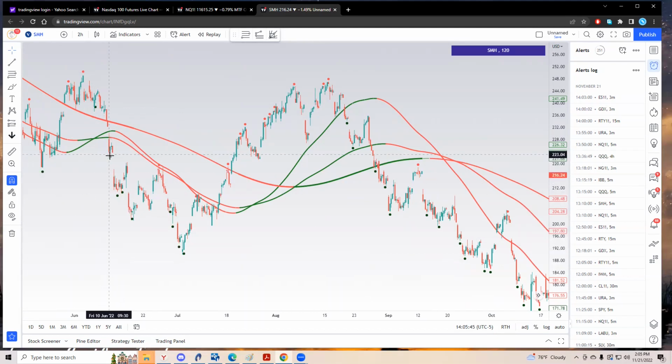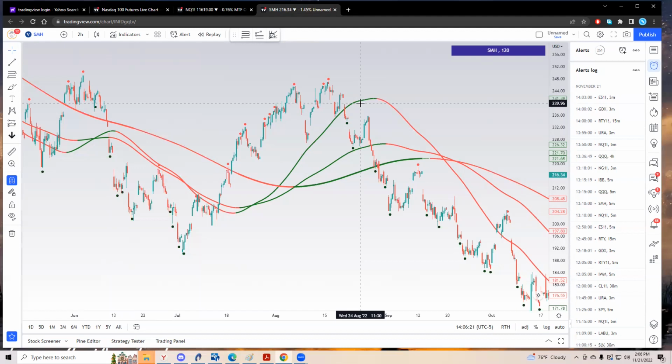I suggest you should not consider green points as long entries when price is under the red cycles pointing down, because in a downtrending market there is no such thing as support. Remember it for the whole life. In a downtrending market there is no such thing as support. Only resistance matters. In an uptrending market, there is no such thing as resistance.